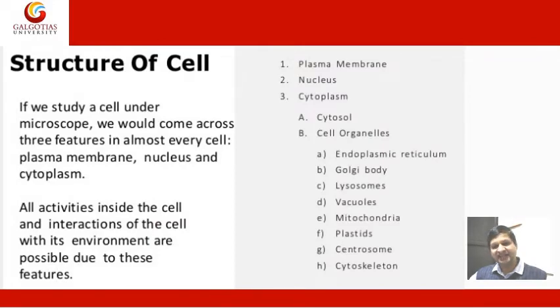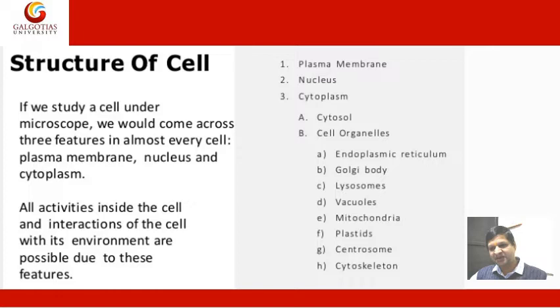Structure of the cell. If we study a cell under a microscope, we would come across three features in almost every cell: plasma membrane, nucleus, and cytoplasm. All activities inside the cell and interaction of the cell with its environment are possible due to these features.